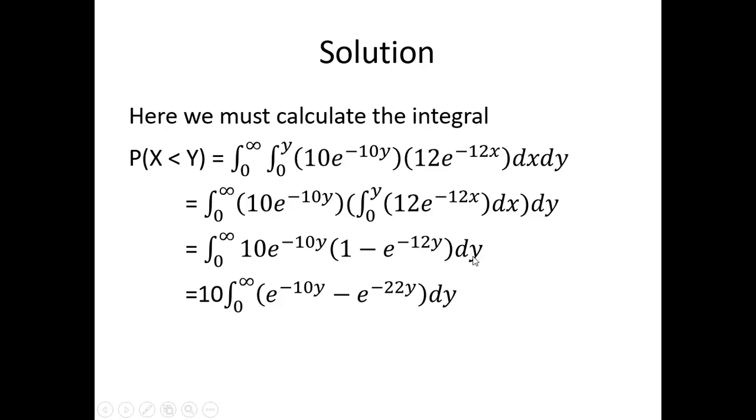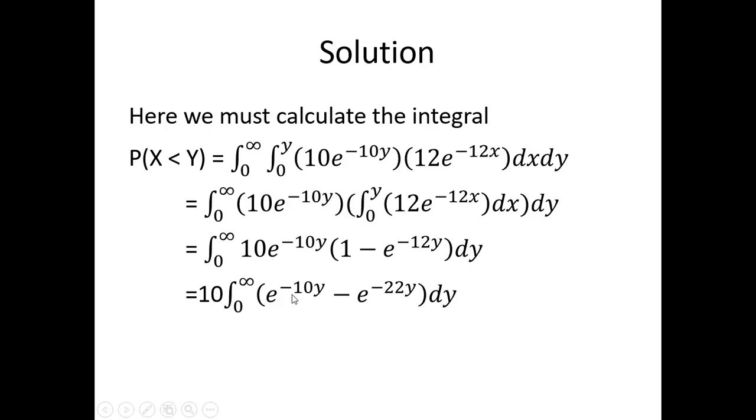Okay. Now I work out this integral with respect to y. So at this point, to make this a little bit easier, I would take the 10 outside the integral. I would use the distributive law here, so this becomes e to the minus 10y. Then minus, when I multiply these two terms, e to the minus 10y, e to the minus 12y, same base, add exponents, so I get e to the minus 22y dy.